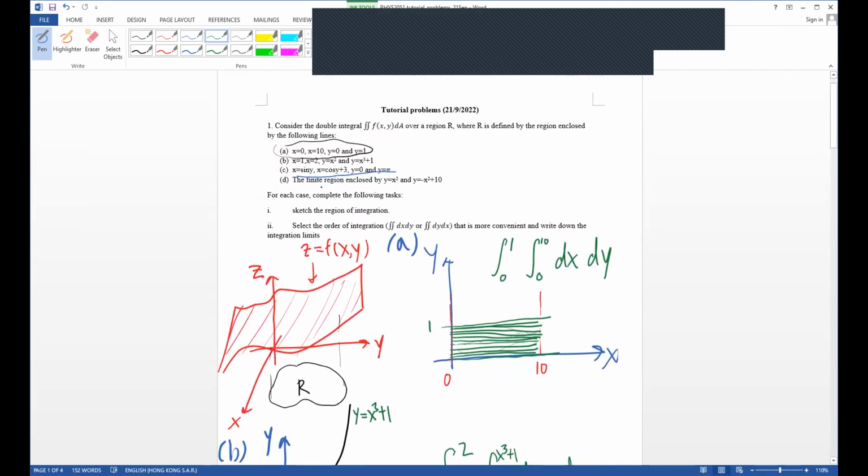So the last one, a finite region enclosed by 2 curves. This time I don't need 4 lines, I just need 2. And you understand why when you plot the graph.